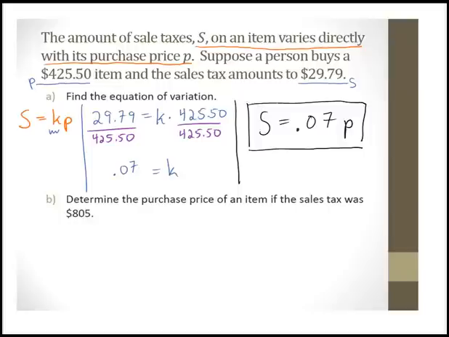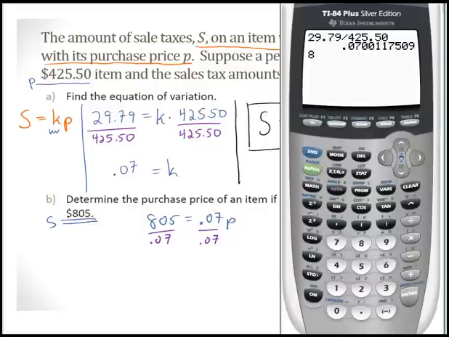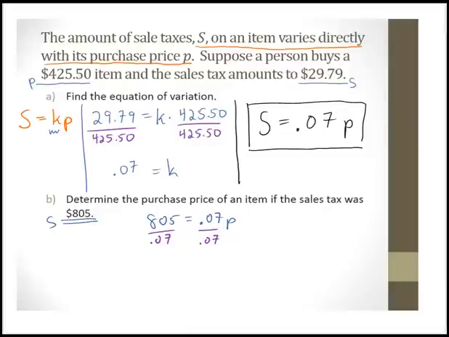So $805 was the sales tax. That's a value of S. So I can write the equation 805 is 0.07 P. To solve for P, I can divide both sides of the equation by 0.07. Again, I'll use the calculator. 805 divided by 0.07 is 11,500.